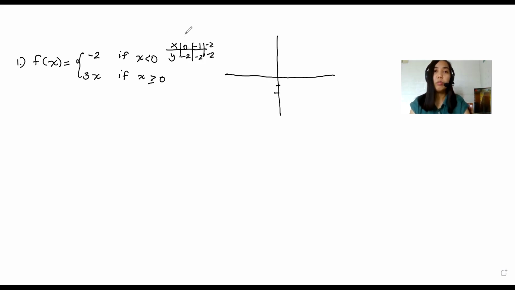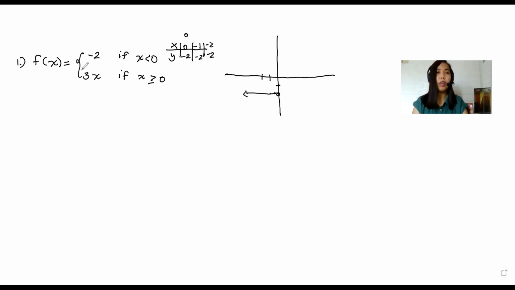So when we graph 0, -2, this is open. Okay, so this is the graph of the first piecewise.